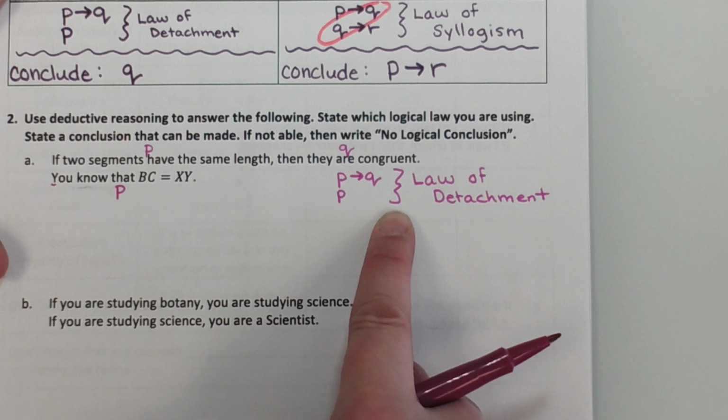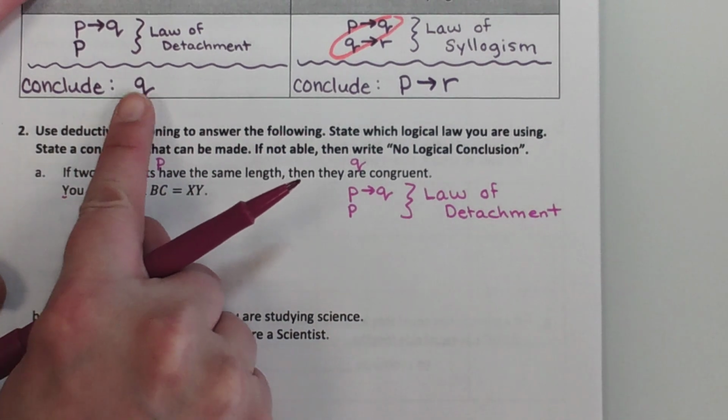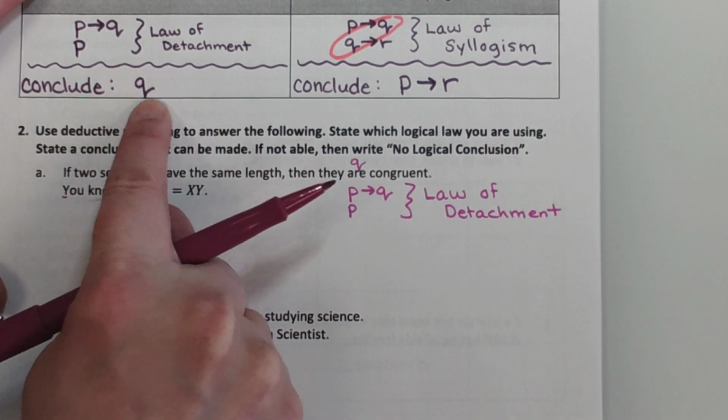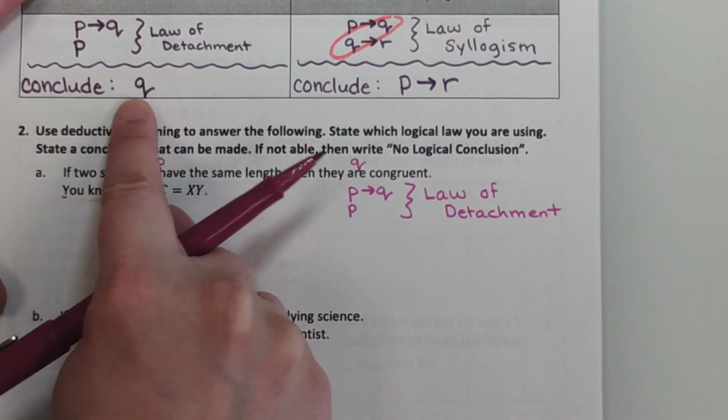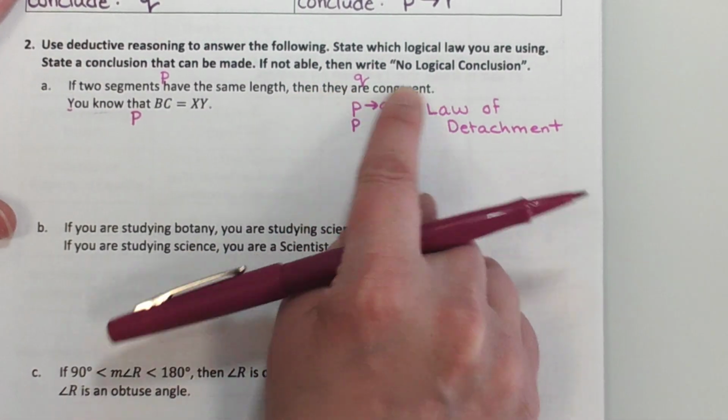So, if two segments have the same length, then they are congruent. We know that BC equals XY. Now we can conclude. The conclusion for law of detachment is we can say that whatever Q is true. Q says they are congruent.